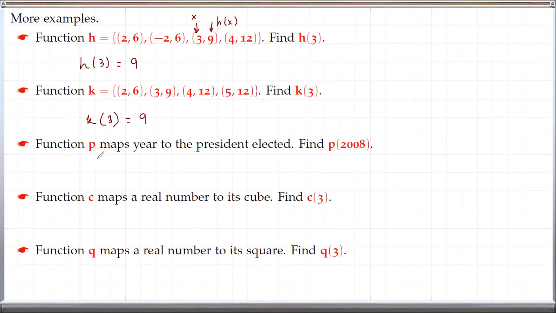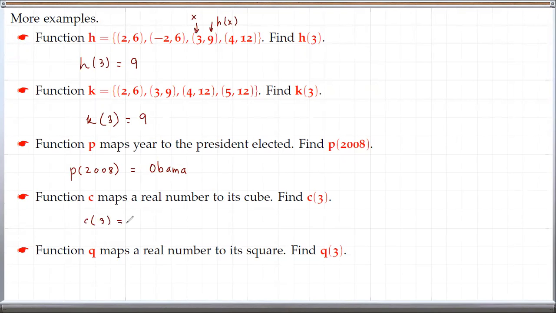Next, here we want to find p of 2008. So the function p maps year to the president elected. That means p of 2008 would be Obama, because he was the one who was elected in 2008. The next function c maps a real number to its cube.